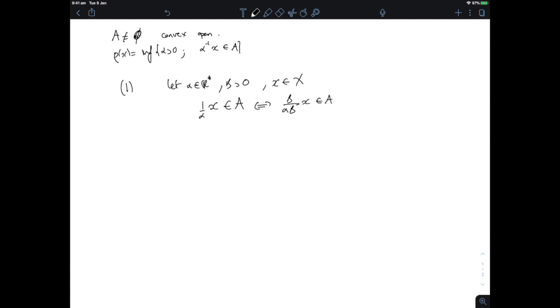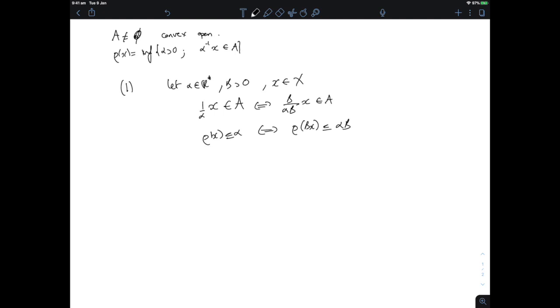But what is that telling me? It's telling me that if rho of x is smaller or equal than alpha, and that's exactly the same thing as saying that rho of beta x is smaller or equal to alpha times beta.